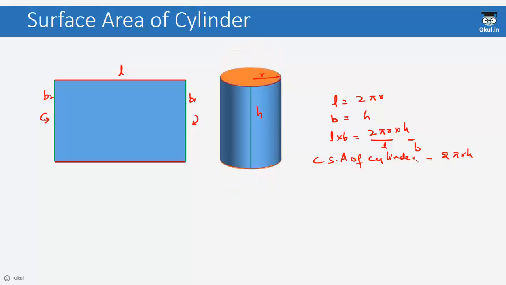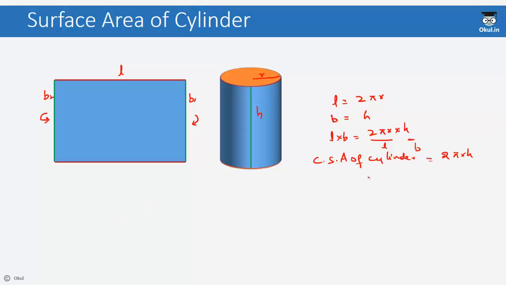Now suppose we add the base and the top of the cylinder as well. Now this figure becomes a closed figure. So we'll be adding the surface area of these two circles as well. To the curved surface area of the cylinder, we'll be adding the area of these two circles.